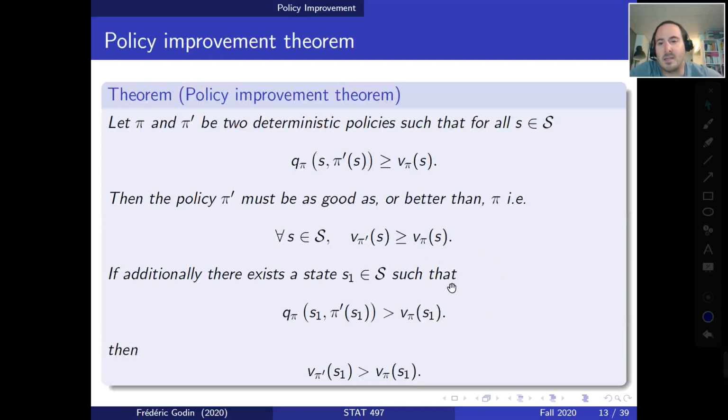Let's assume that we have two deterministic policies, pi and pi prime.